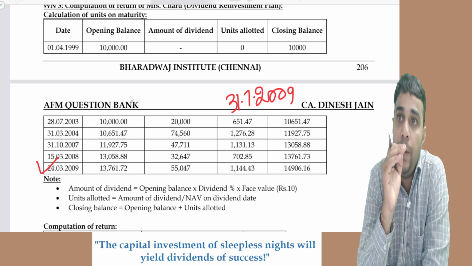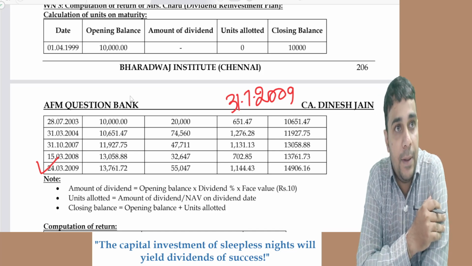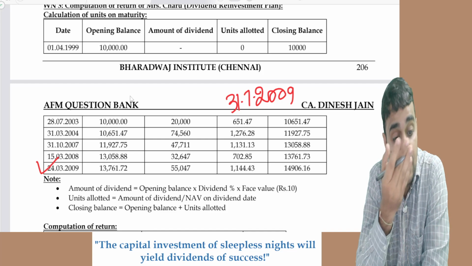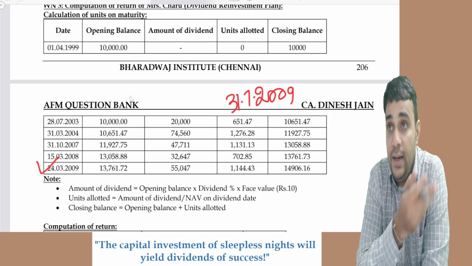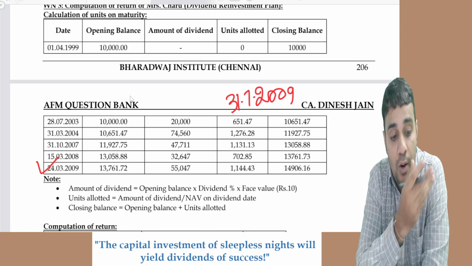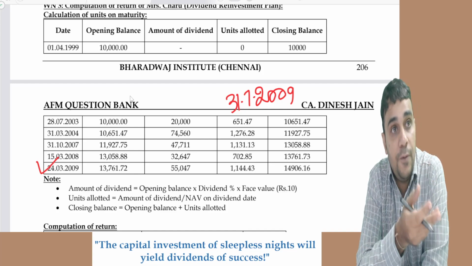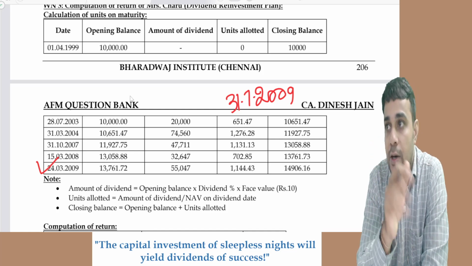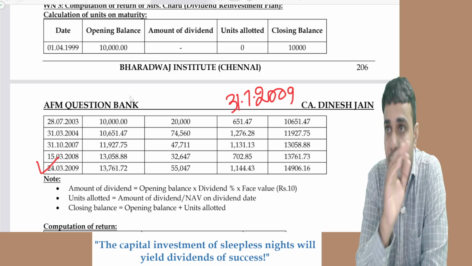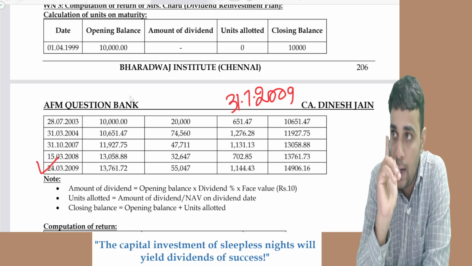On this you have to pay short term capital gain tax. If LTCG is applicable, on everything I have to pay. On 1/4 I have to calculate long term capital gain. On 28/7, on 31/3, on 31/10, on 15/3, the same. So that amount of testing they will not get into. In fact, they may even remove the short term capital gain part, or they may say long term is exempt, short term is taxable. So last 1 year allotment.